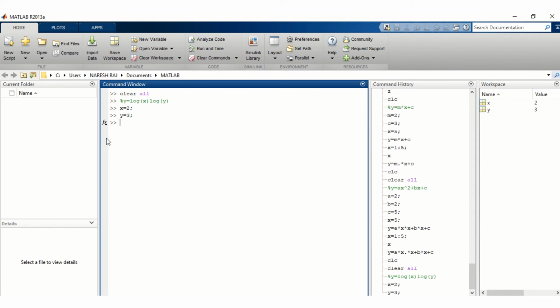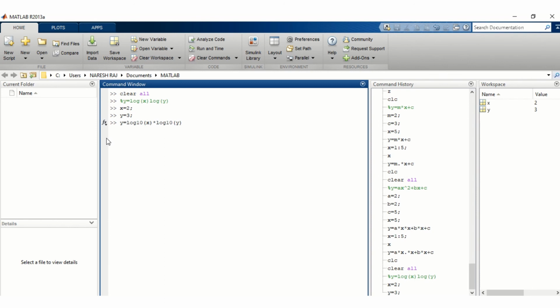Now to solve this equation, we write the equation in the command window: y equals log. As we know the base of the log is 10, so we write 10, and the value of the variable x equals 2. Now we write x, and next we are multiplying log x and log y, so we use a multiplication sign, and next log base 10, and now we will write y.